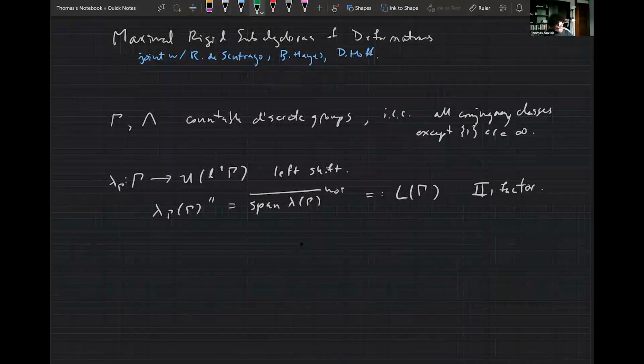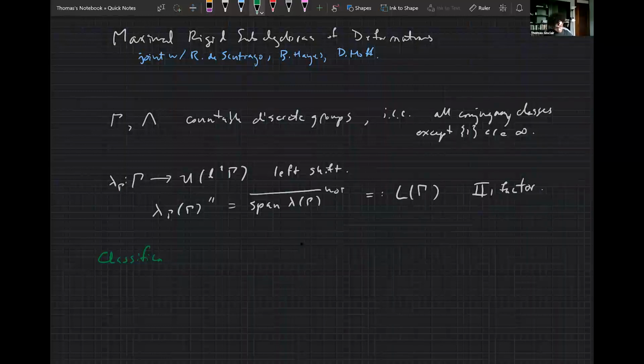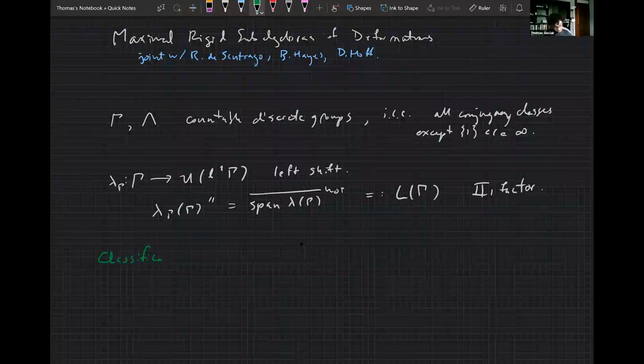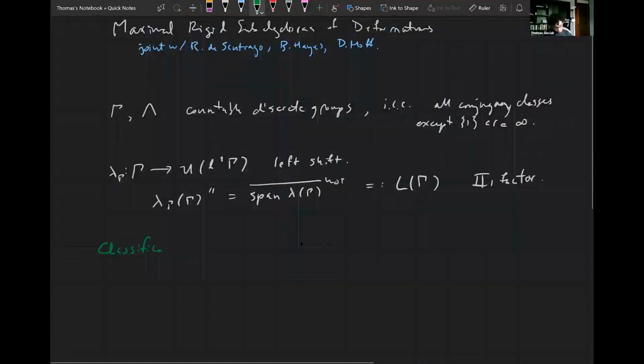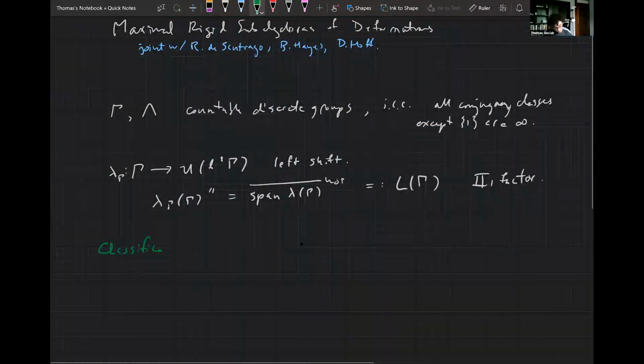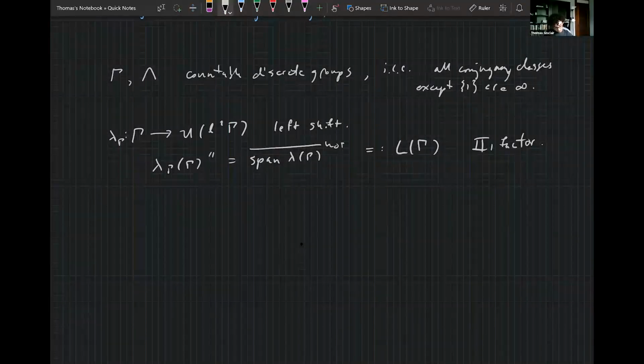So the big question in classification. Other than the fact that these are very important examples of II_1 factors, one of the main reasons they're interesting is that the projections sitting in here correspond to invariant subspaces.